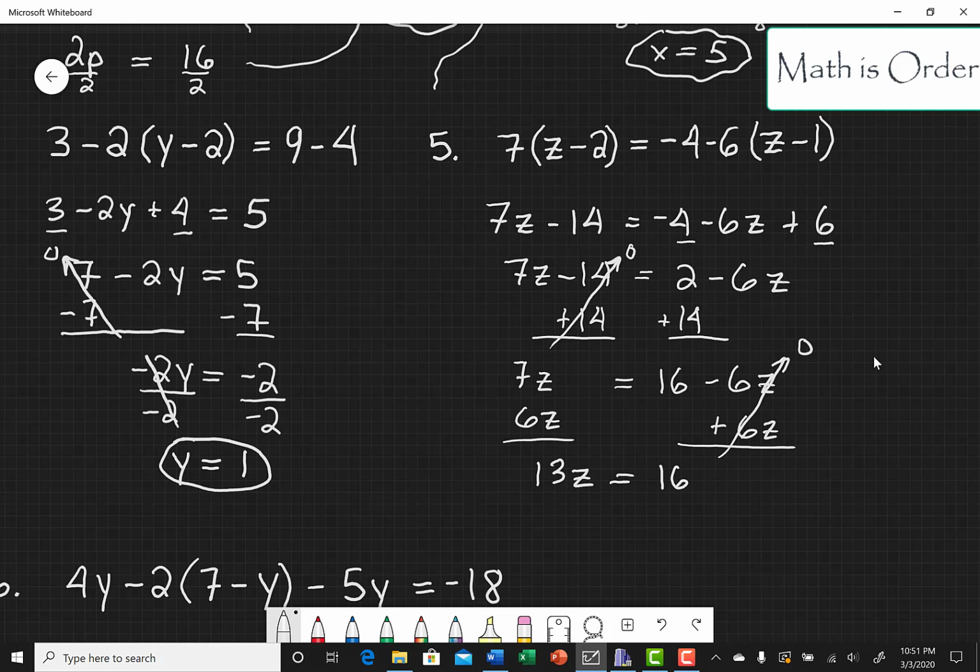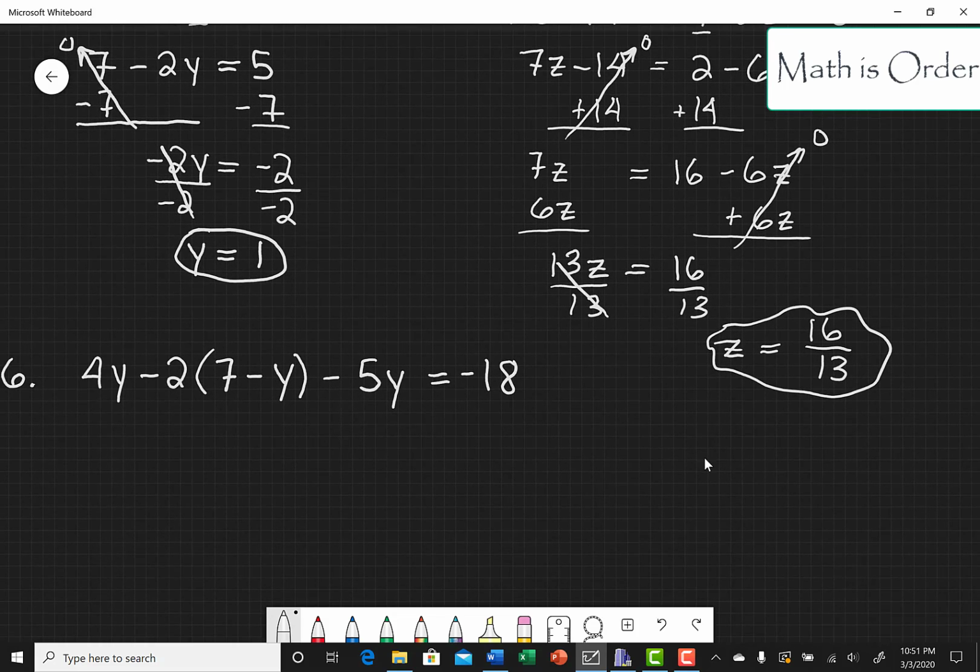And we just about got z by itself. So the only thing we got to do is remove that 13. And we know that we have to just divide by 13 on both sides. 13 divided by 13 is 1, so z is equal to 16 divided by 13. And you can leave your answer like this. All right, moving on to the next.